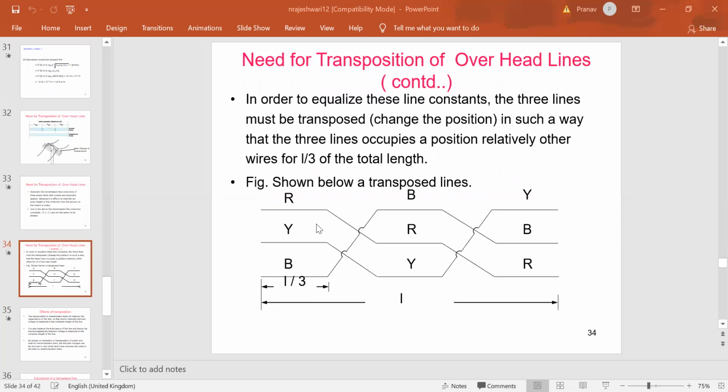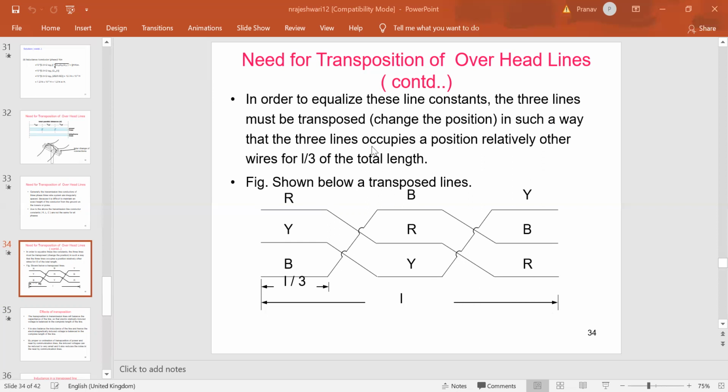In order to equalize these line constants, the three lines must be transposed. That is, the change of position is a transposition in such a way that the three lines occupy each position for one third of the total length. The total length of the wire is L, so this is L by 3, this is also L by 3, and L by 3.